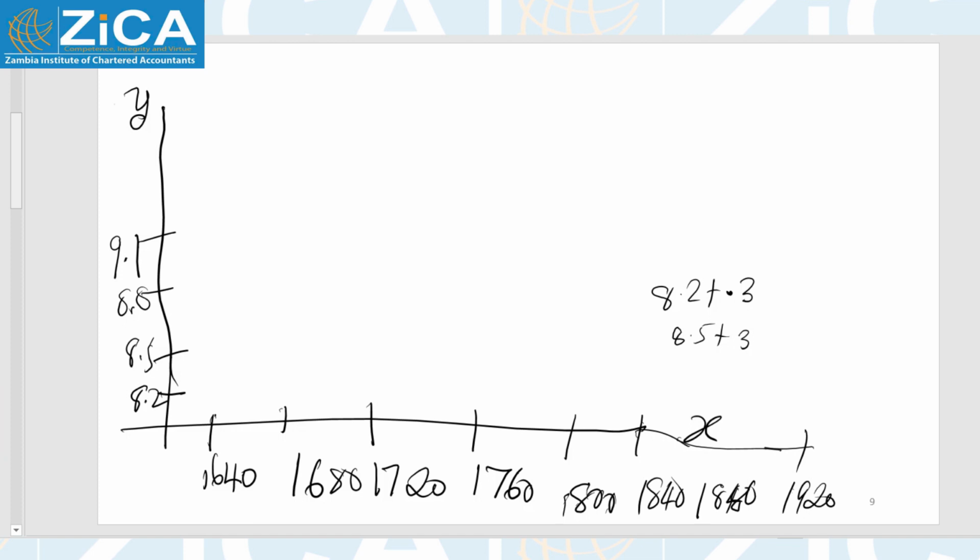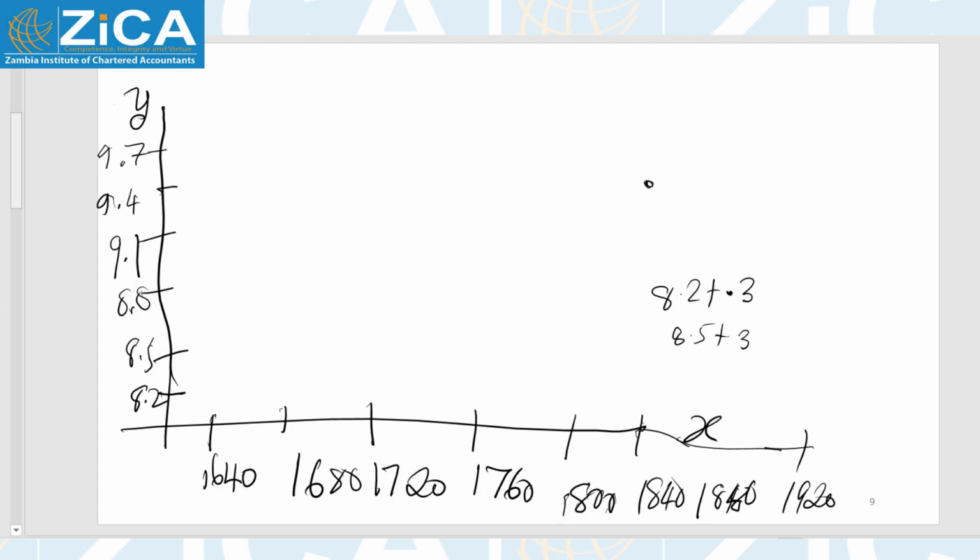You come here. In between here, 1840 and 1880, you have got 1860. Okay? That is your x. The corresponding value of y, if you come to the scale here, this is 9.4. This will be 9.7. So your 9.6 is somewhere there. That's where the dot is.